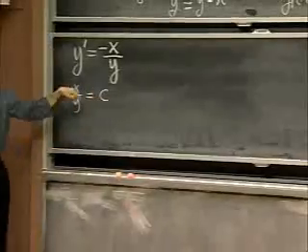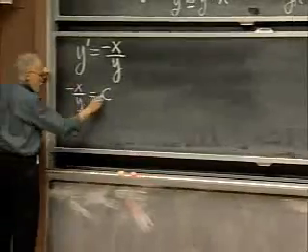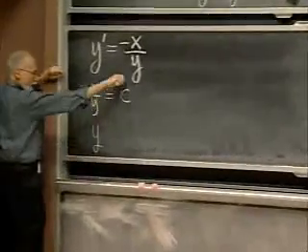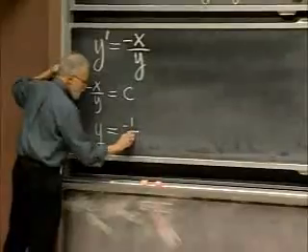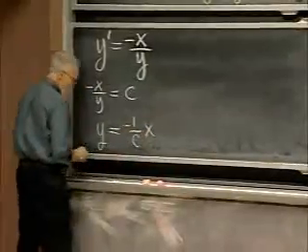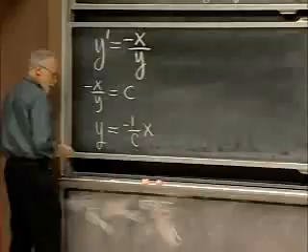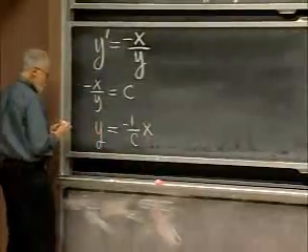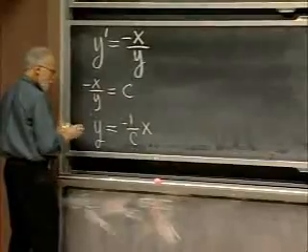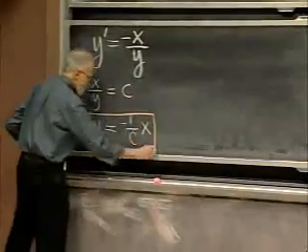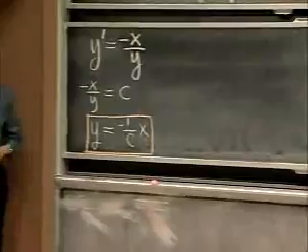But of course, nobody draws a curve in that form. You'll want it in the form y equals minus 1 over c times x. So there's our isocline. I'll put that up in orange since that's the color I'll draw it in also.